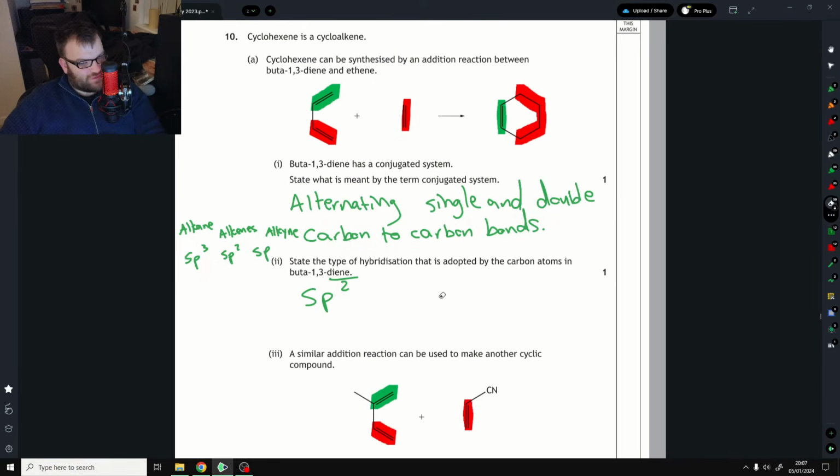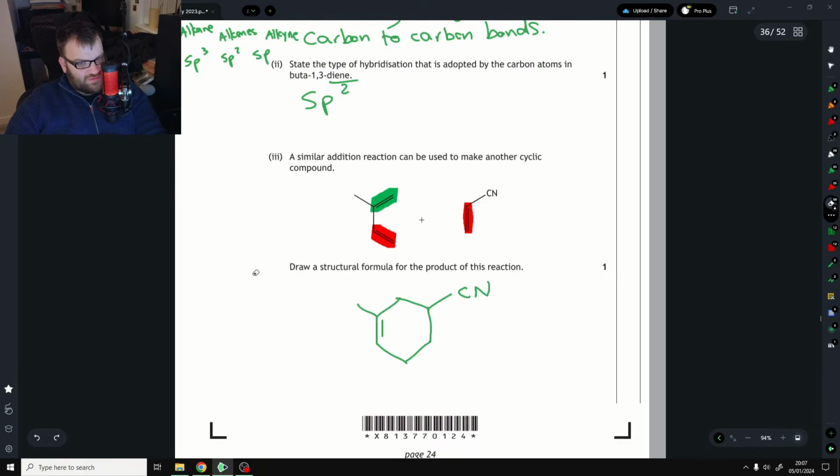We apply the same logic to this one. What we end up with, if I scroll down, is we're going to keep the carbon-to-carbon double bond there. You've got a methyl group coming off of the remaining carbon-to-carbon double bond, and then we would have our CN sticking out of the other side, and something like that should pick up the mark.